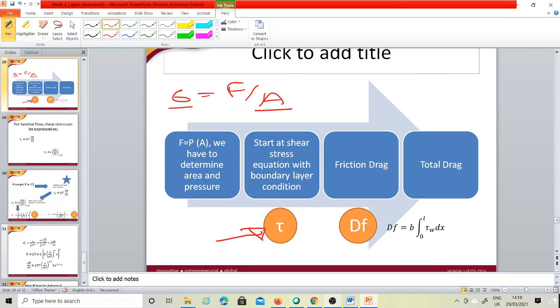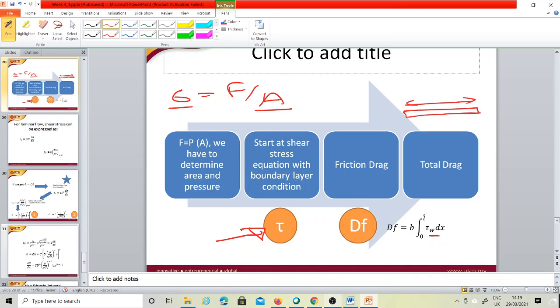So the frictional drag will be the area, where B is the breadth, and then you need to integrate along the length, 0 to L, dx. If B is 1, that is unit width, it is okay; otherwise you need to put in B. Most of the time in derivations the breadth is 1 unit width, and then you just integrate.